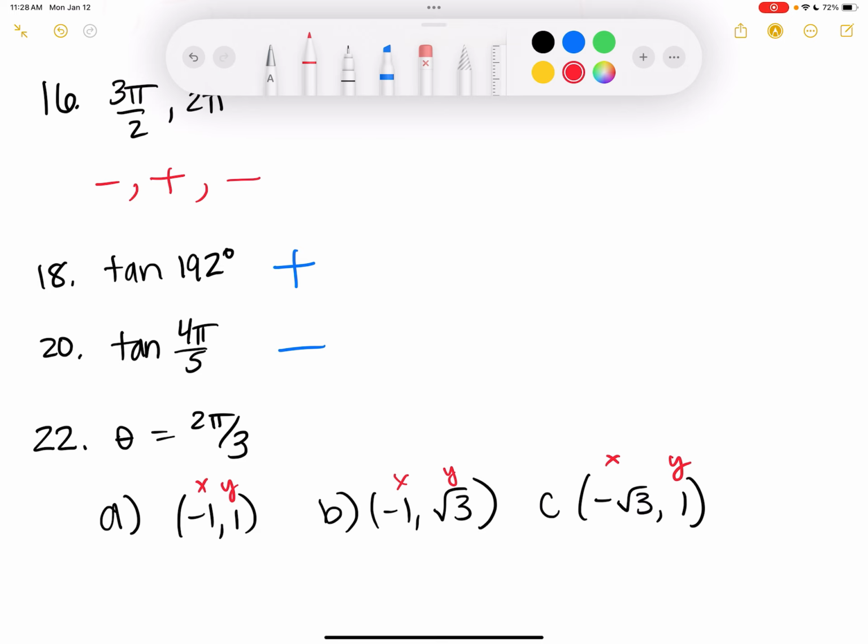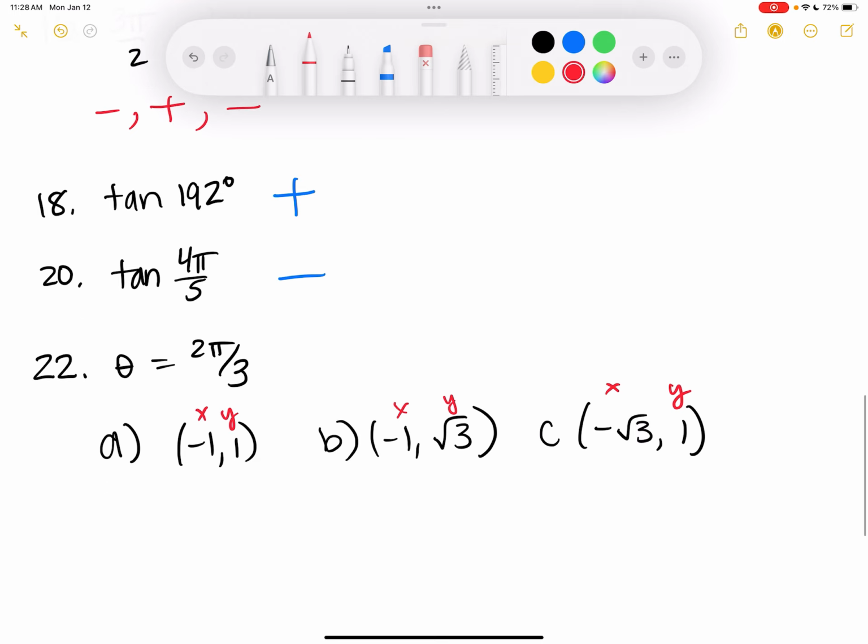I'm trying to find which tangent value gives me an angle of 2 pi over 3. Here, tangent of theta is 1 over negative 1. Here, it's root 3 over negative 1. And here, it's 1 over negative root 3.